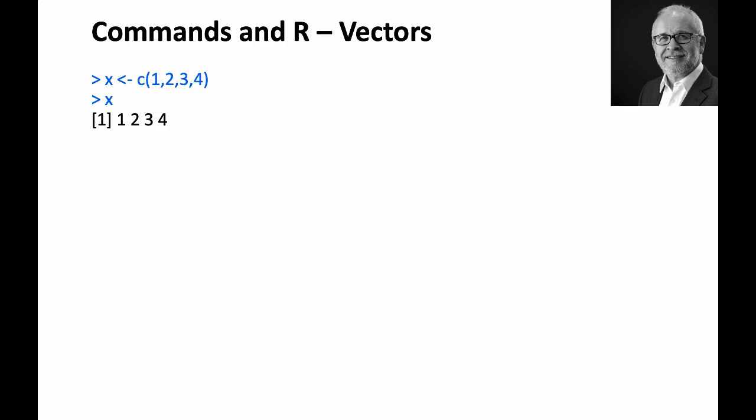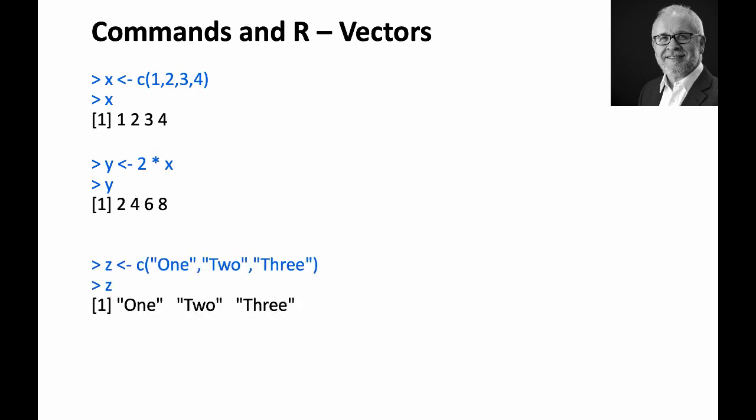It's got 4 elements in it, and those elements are 1, 2, 3 and 4. I can create a new vector y, and I'm creating that by saying y gets the value of 2 times x, and then I ask it to show me y, and y is 2 4 6 8. If you look further up the page, that's 1 2 3 4 multiplied by 2.